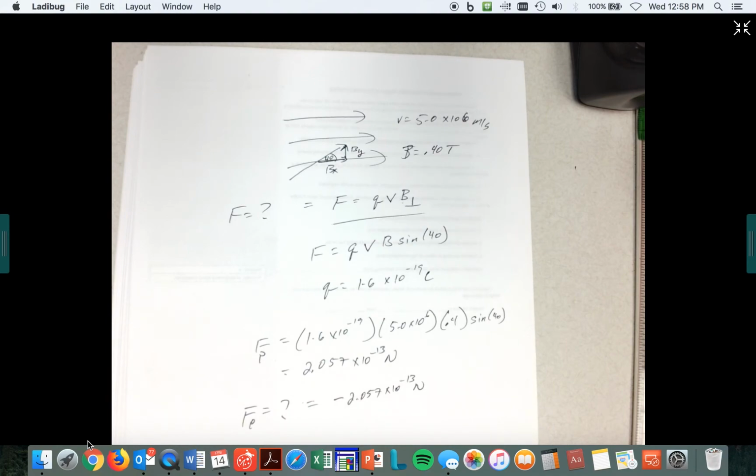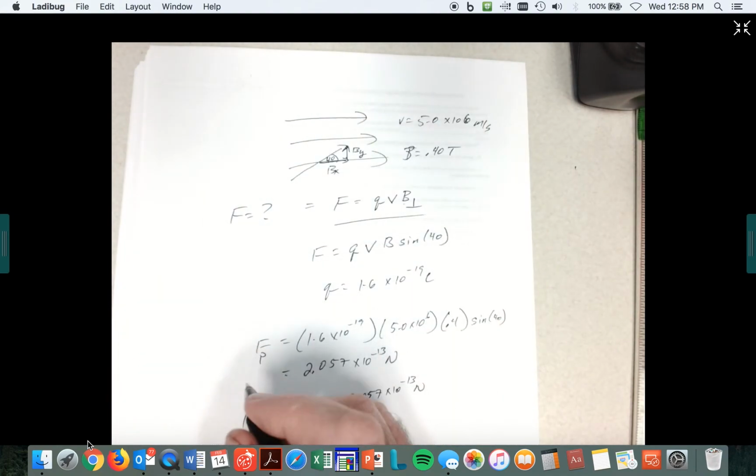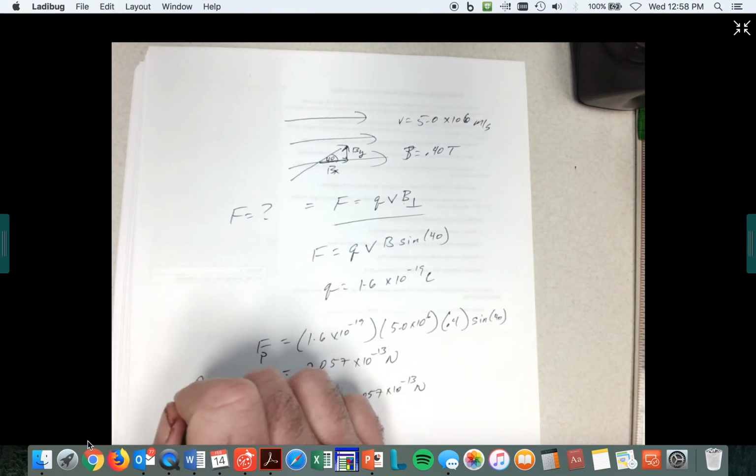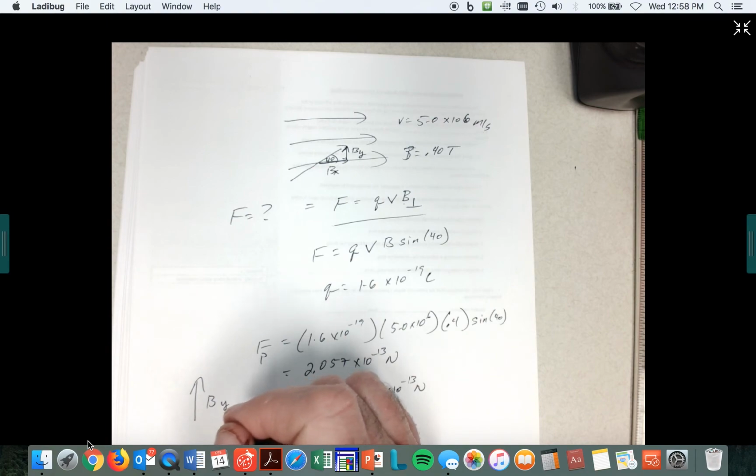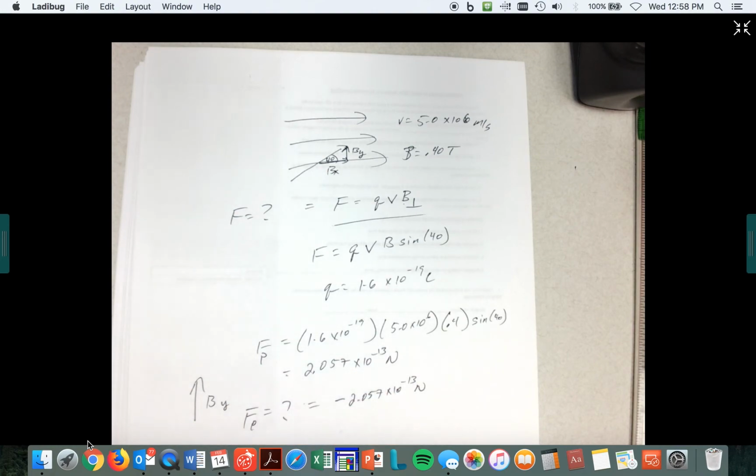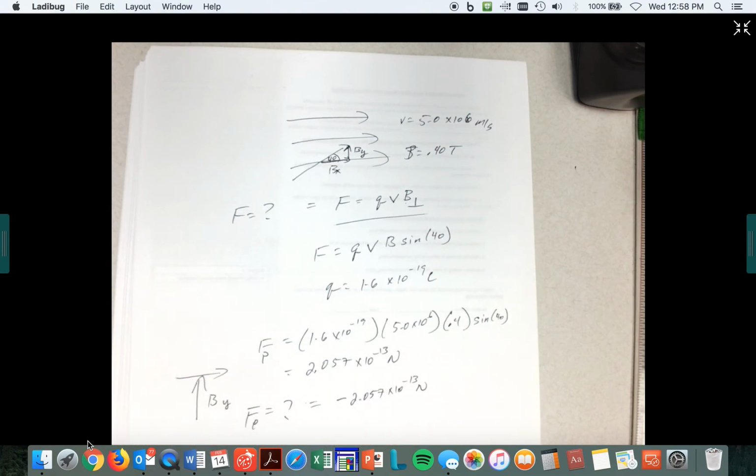And by the way, since we've got B going this way, it's the perpendicular component of that, and V going like this.